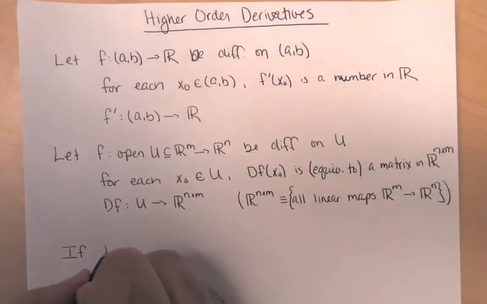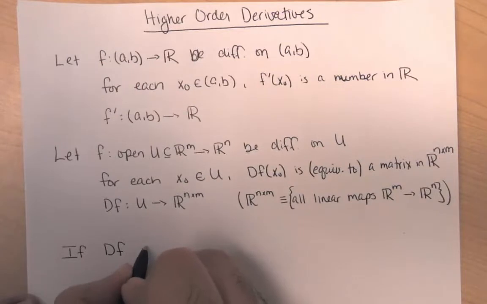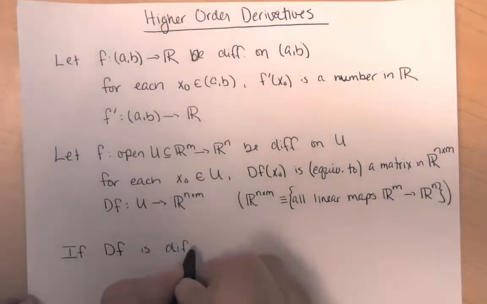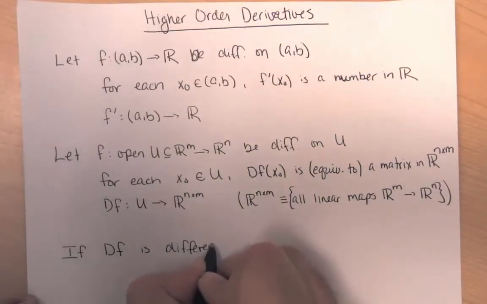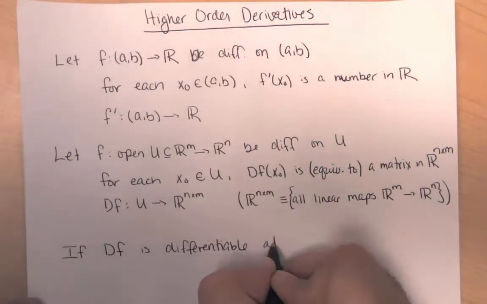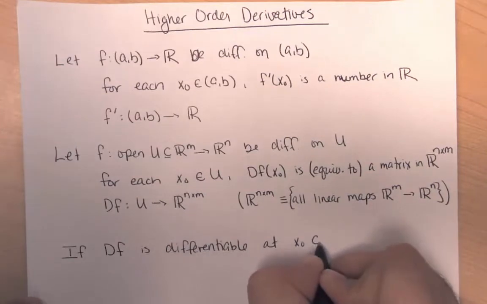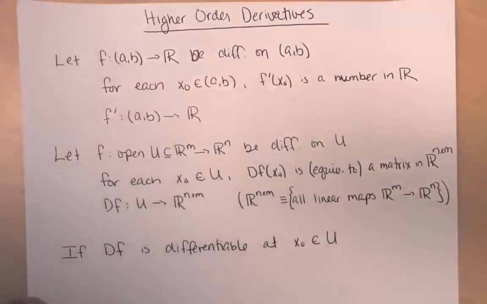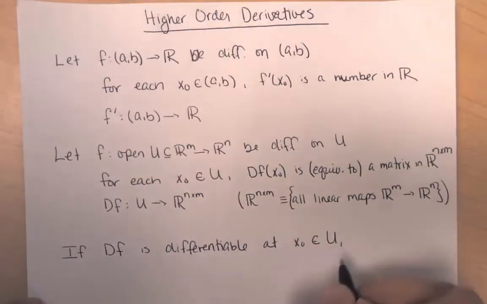If df is differentiable at some x naught in the domain, what does that mean?